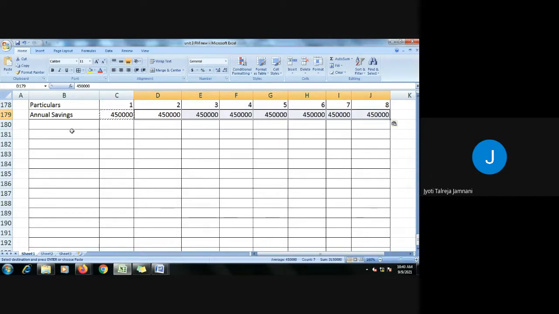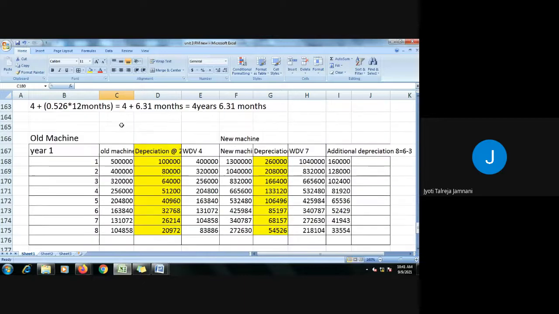Now what we'll do, from the annual savings we will minus the depreciation, because that is the only cost that we know. So less depreciation. We need only the additional depreciation, this last column that we had. Okay, we need this column.